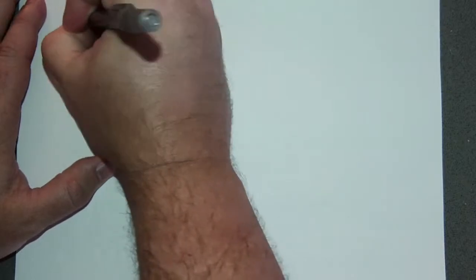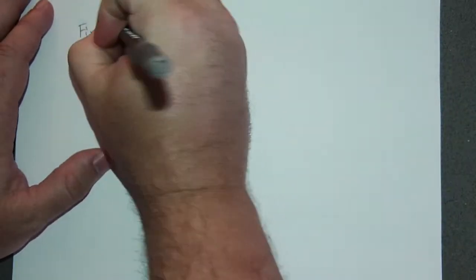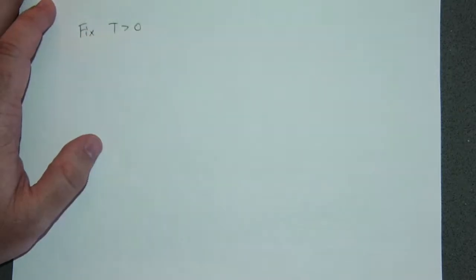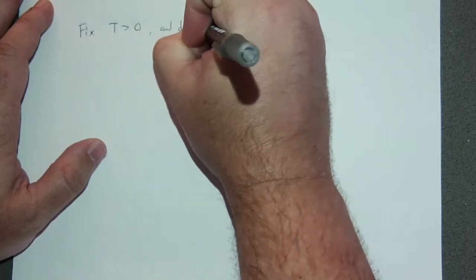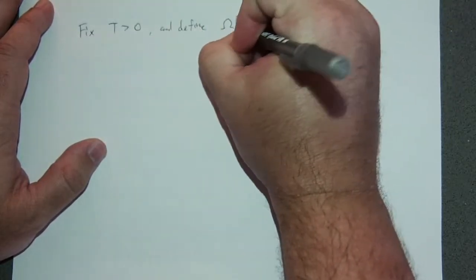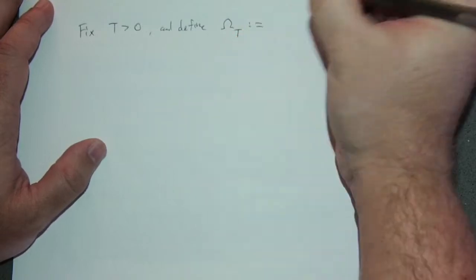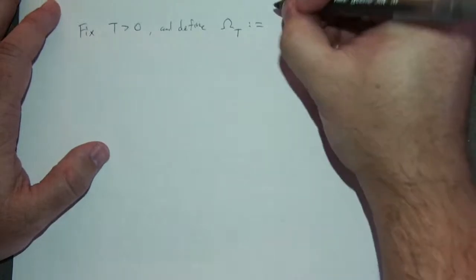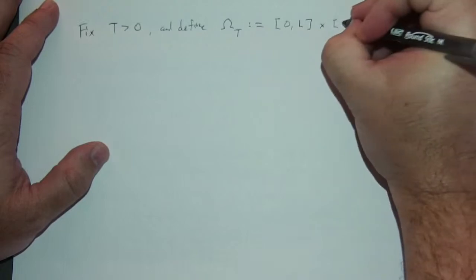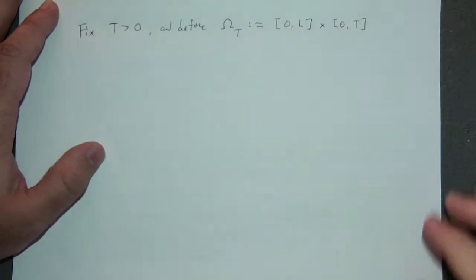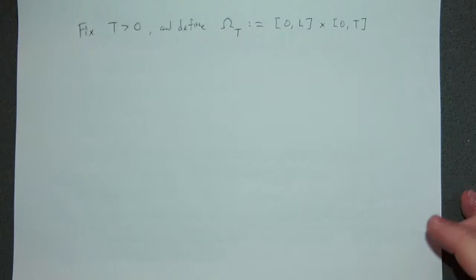So in order to state this, what do I want to say? First, let's fix big T positive and define omega sub T to be the following domain. It's 0 to L cross 0 to T. What does this look like?